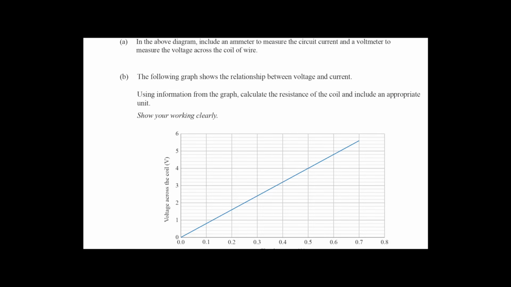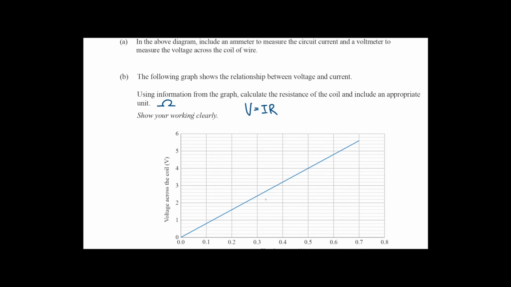The following graph shows the relationship between voltage and current. Using the information from the graph, calculate the resistance of the coil and include an appropriate unit. So the appropriate unit for resistance is going to be an ohm, the Greek omega. And for this, we're going to use Ohm's law. V equals IR, where V is the voltage, I is the current, and R is the resistance.